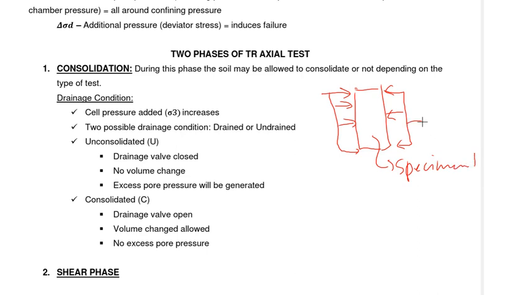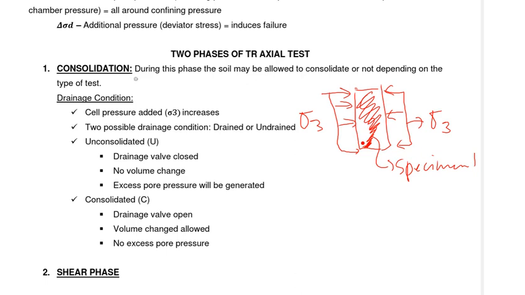So, that is yung sigma 3 natin, yung minor principal stress natin na sigma 3. So, ito yung ating specimen. So, meron daw tayong uniform confining stress all around doon sa ating specimen.